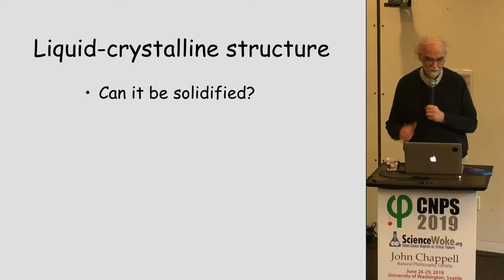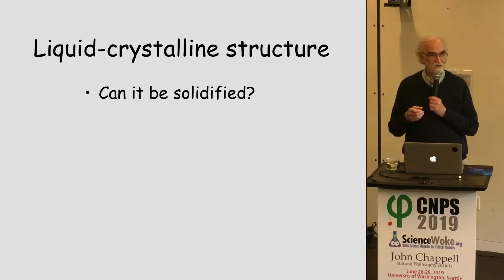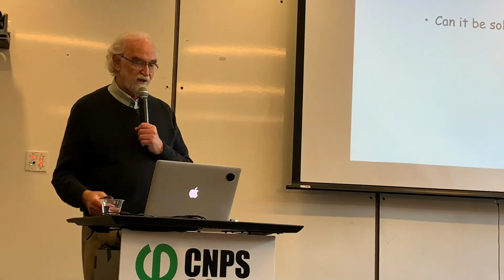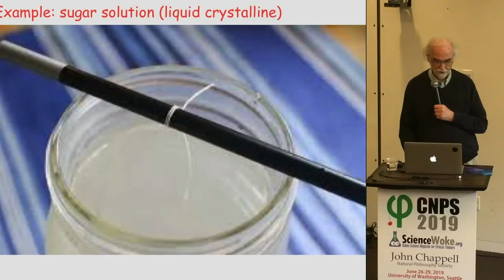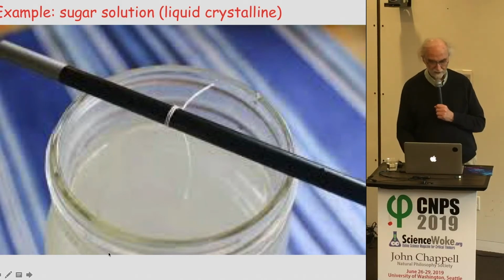And a question that arises, this is a slight digression, but I think it's an important one, this is a liquid crystalline structure. And liquid crystalline structures can often be solidified. Example of a sugar solution, and I think it was Louis Pasteur who found that this bends light, and so it's polarized in some way.